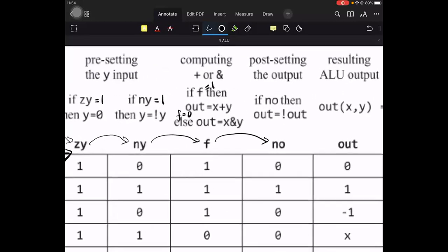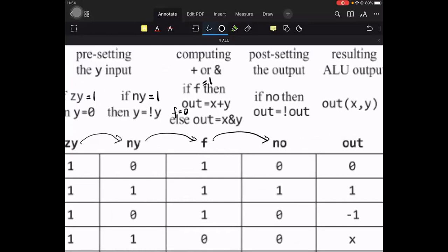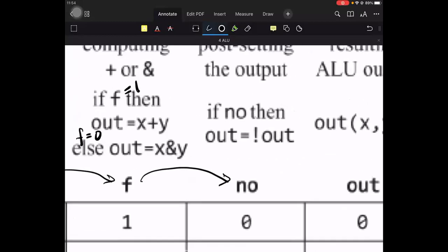Last, post-setting the output. If NO is true, then the new output would be the inverse of the previous output.